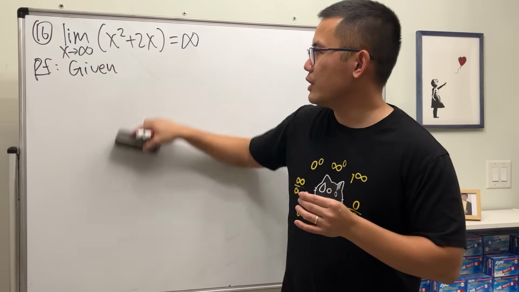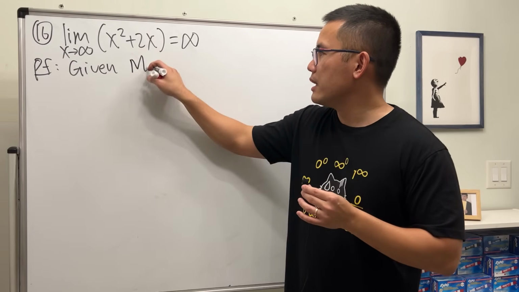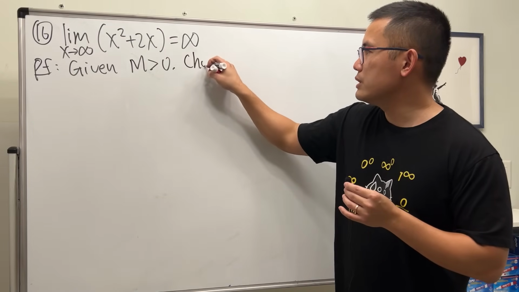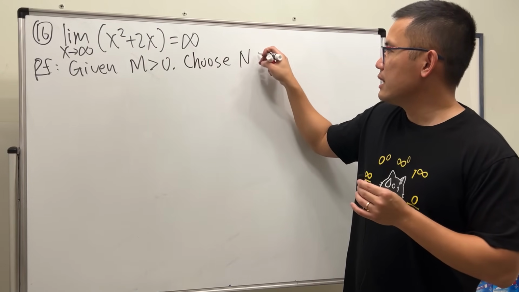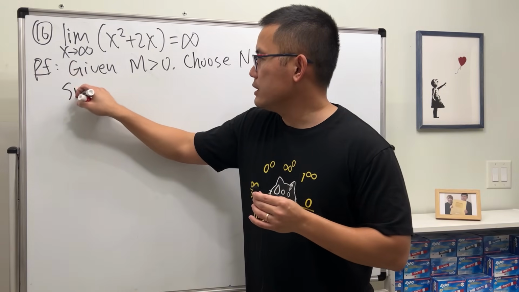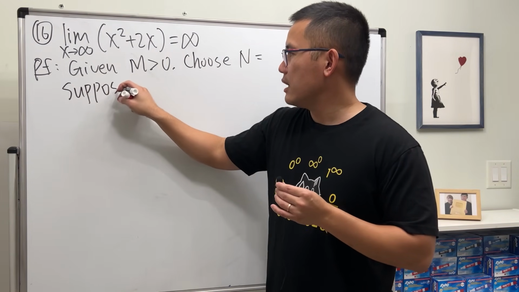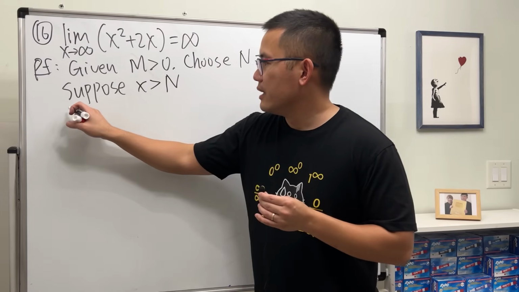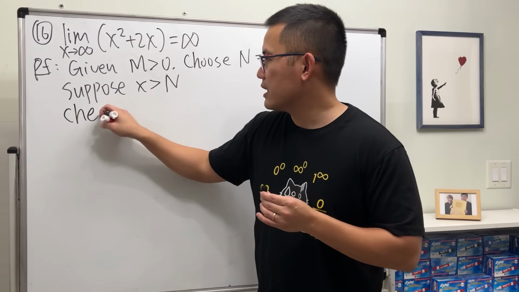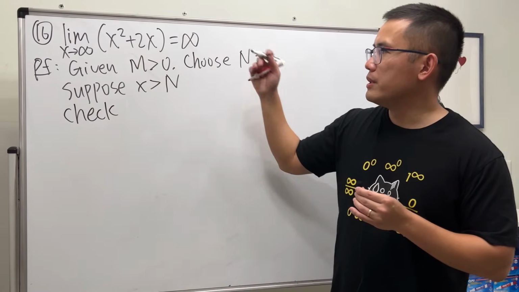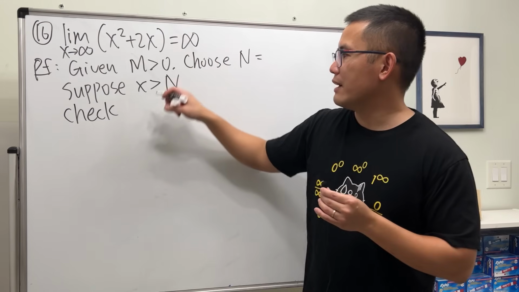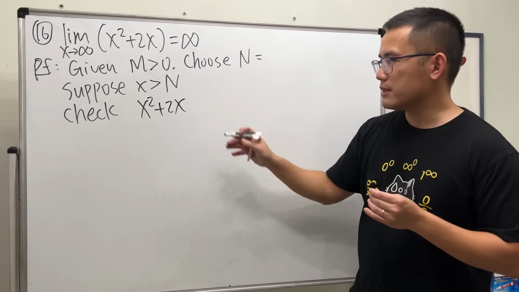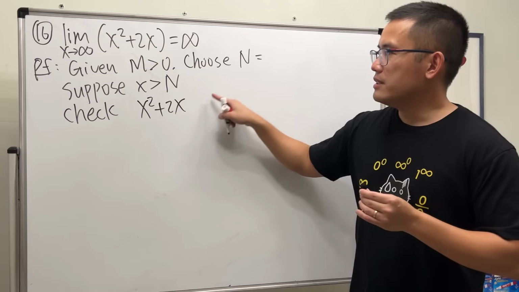That infinity tells us we should use big M, so choose big N. All right, suppose x is bigger than big N, then we are going to check our function is bigger than the big M. So we have x squared plus 2x. Both of this is bigger than M.